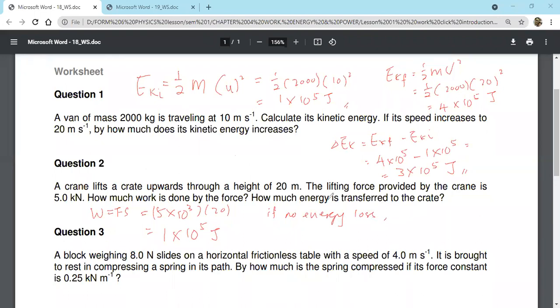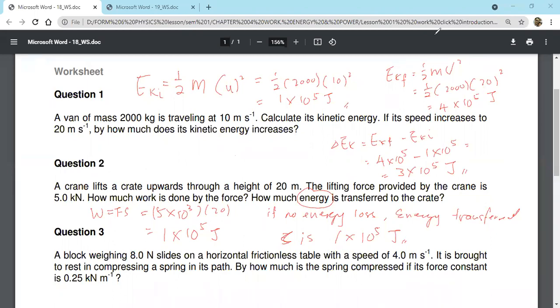The energy is 1 times 10 to the power 5 joule. If there's no energy loss. If there's any energy loss, it's a different story. Okay, get it?